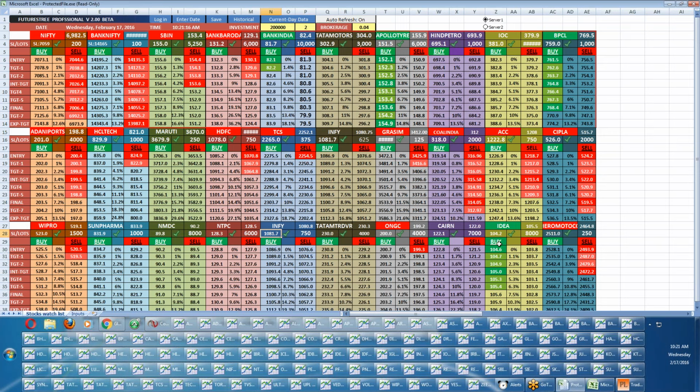Let's change some of the scripts. So Cipla I will replace it with PNB. So 73.30 is an entry for PNB, and we have IDBI. So that seems a long way to go. Andhra Bank.